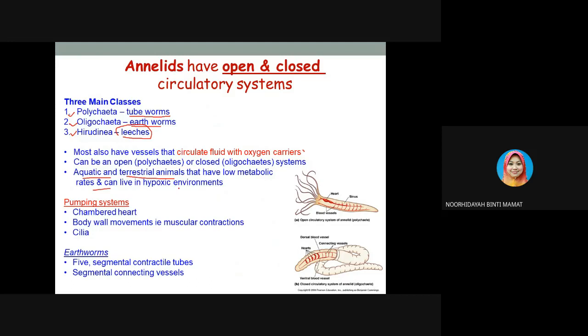So we look into the pumping systems of the annelids. They have a chambered heart. If you still remember, just now we were talking about the types of pumping. In the annelids they have the chambered heart, which increases the pressure in a closed chamber through the contractions of its muscular walls.